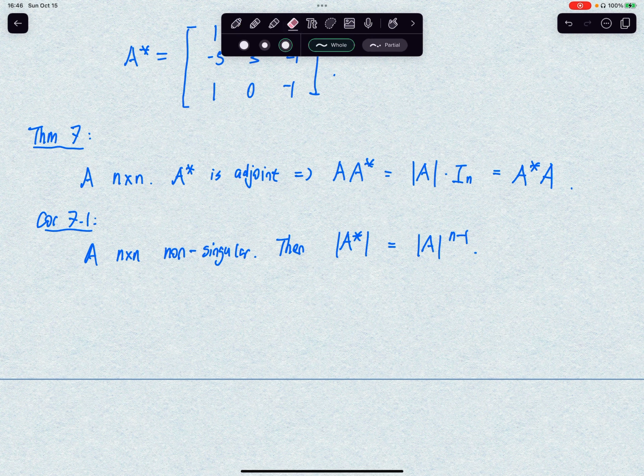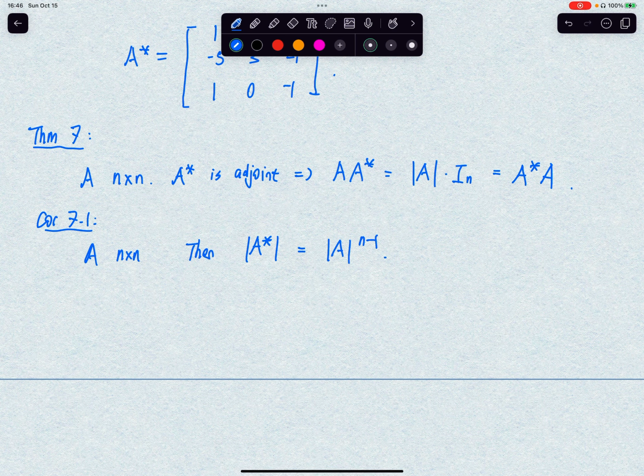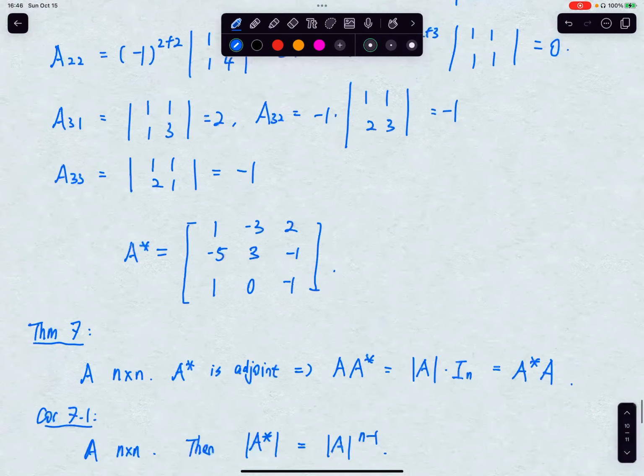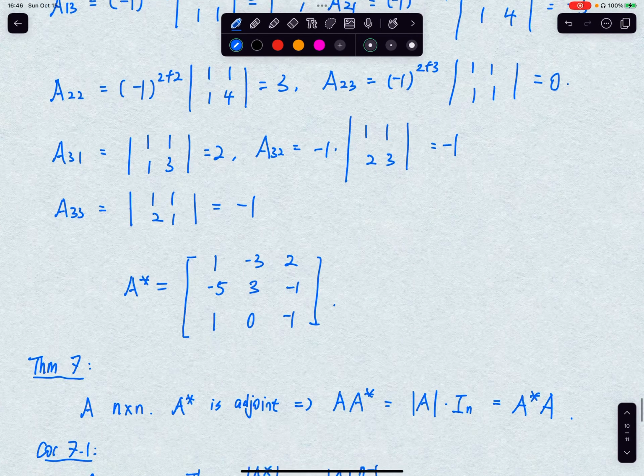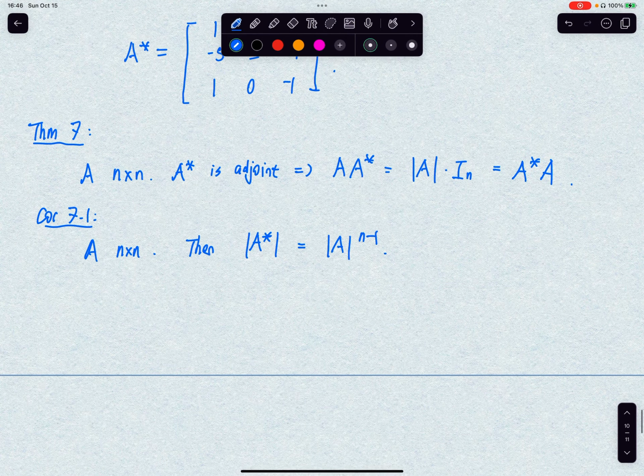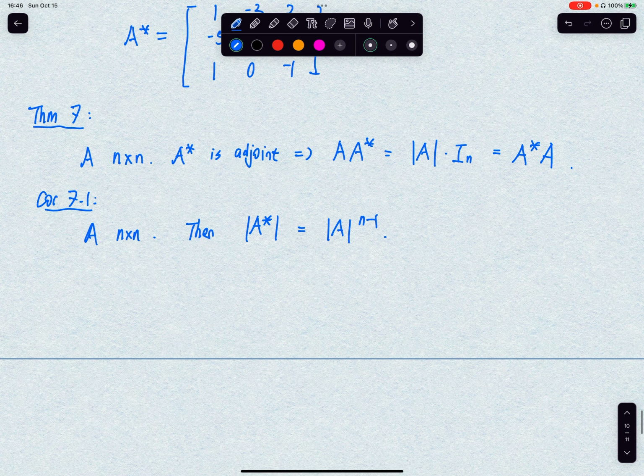Note that this also holds when A is singular. So if A is n by n, then the determinant of A star equals the determinant of A to the n minus 1th power. And now after introducing the adjoint and its properties, we can derive a criterion for being invertible.